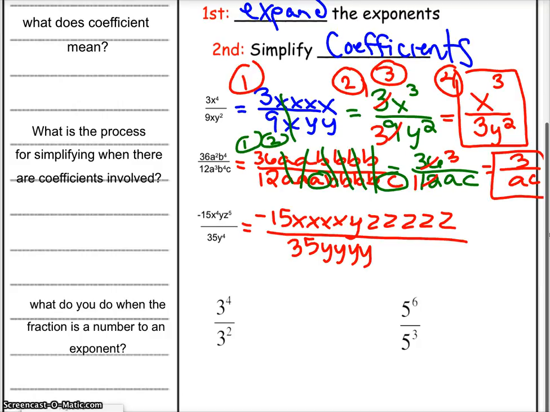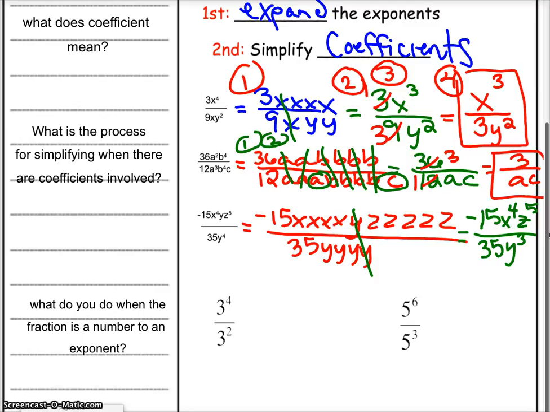Okay. Not much I can cross out, so I pretty much just wasted my writing time. But that's okay. So now I have negative 15, x to the 4th, z to the 5th, over 35, y cubed.